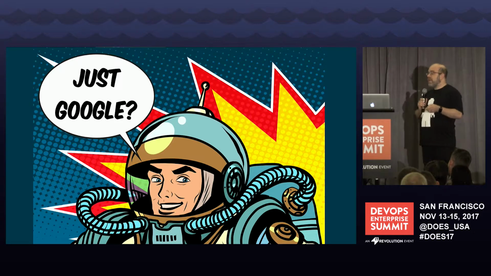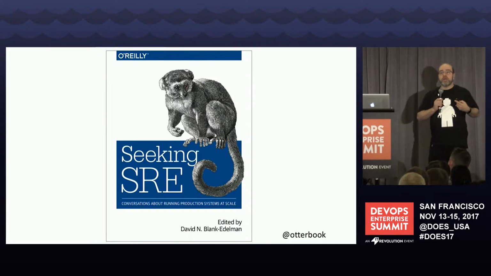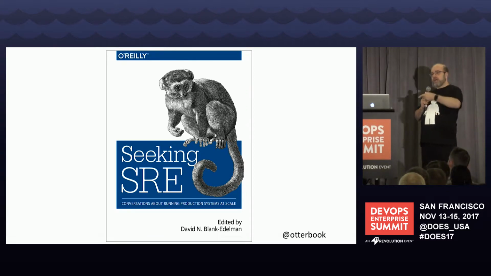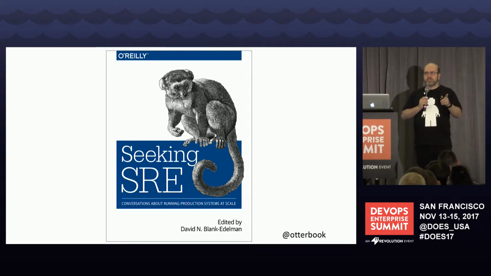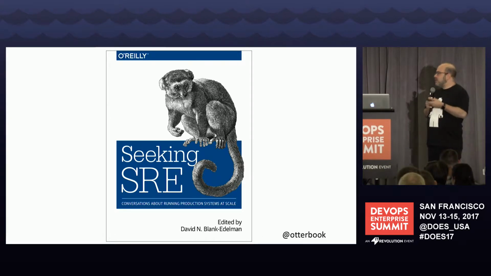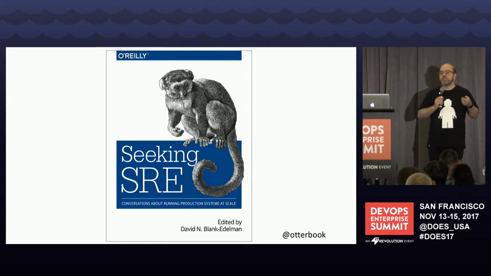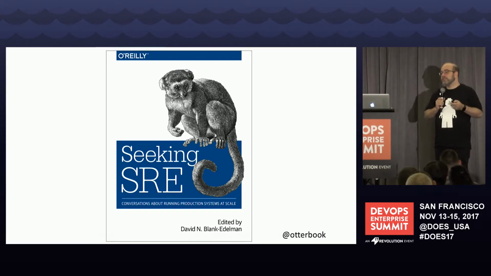But it is the case that not everybody does SRE the same way. And that's part of the reason why I offered to edit a book about SRE that's going to be coming out sometime early next year, for some definition of early, but definitely not this year. It attempts to address the question of how you can do it differently. But let's go back to the Google model, because that's an easy way to start.